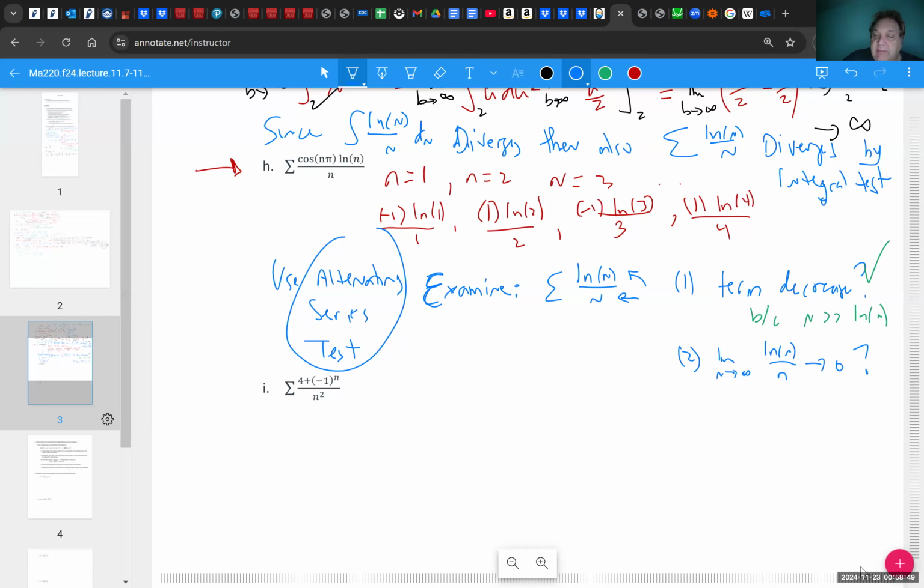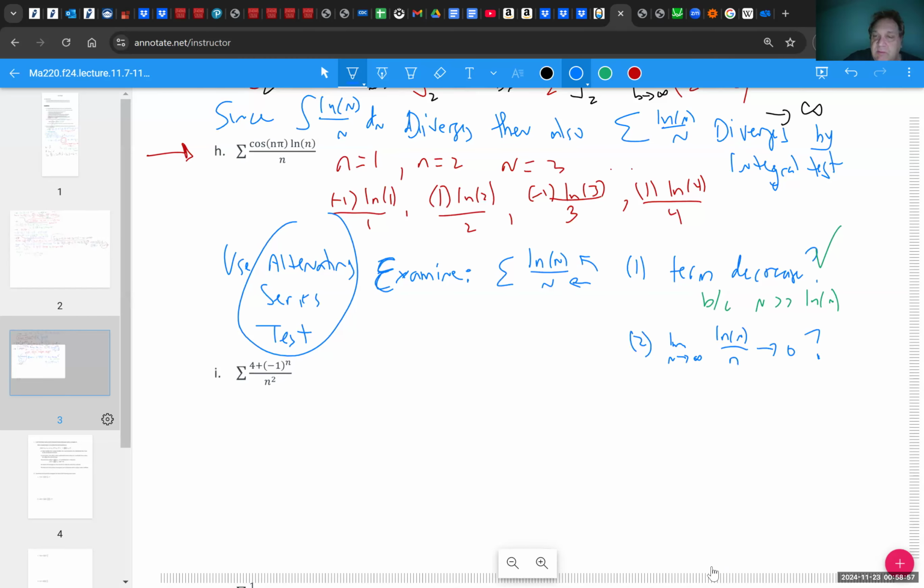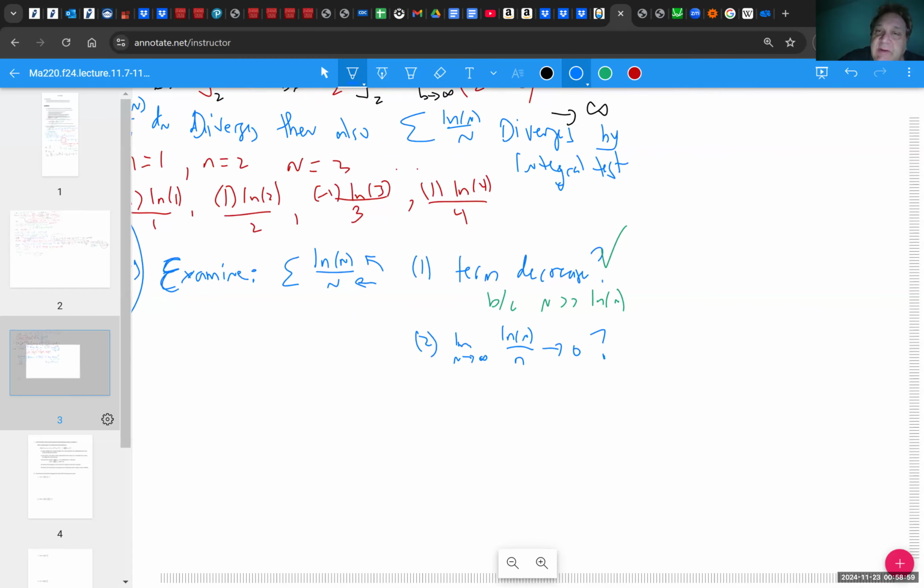I think we did do that limit before, but let's just do it again. We take the limit as n goes to infinity of ln n over n. This is infinity over infinity, so we can use L'Hopital's rule.